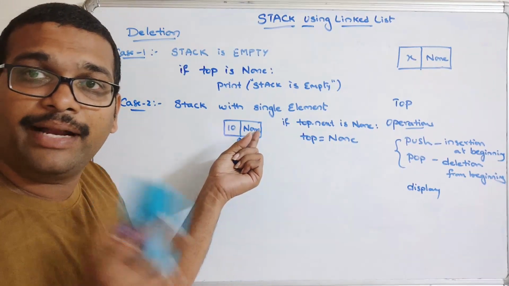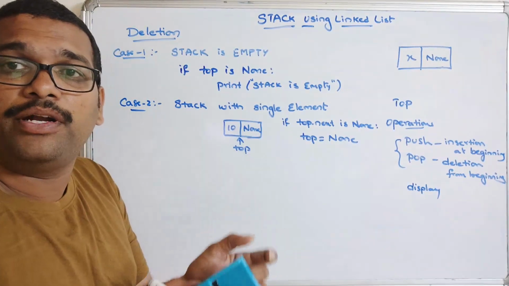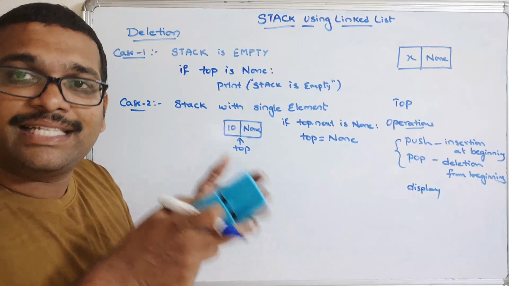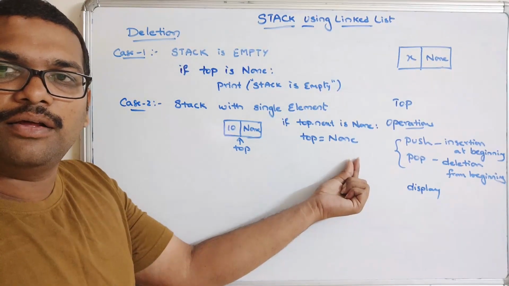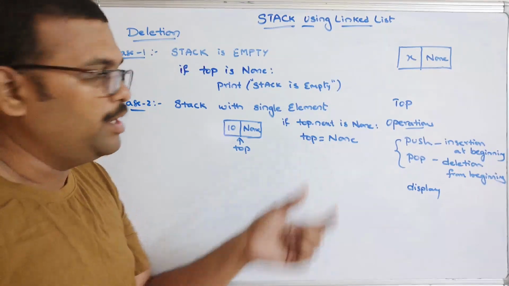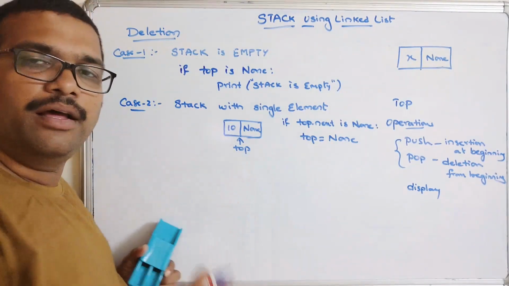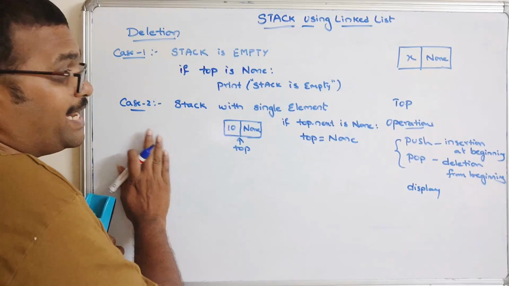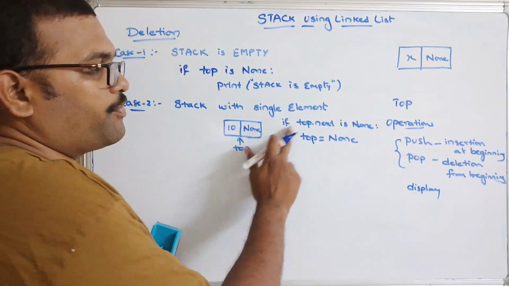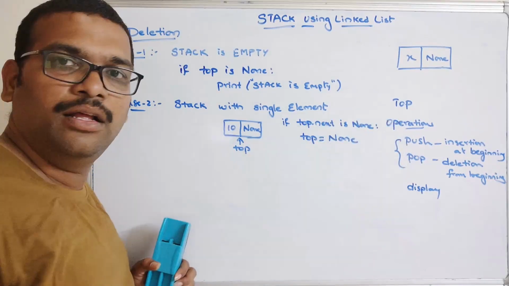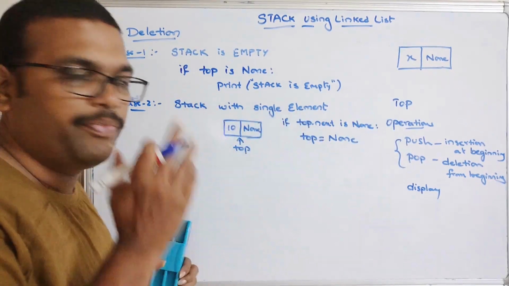So if top.next is none, that implies top is pointing towards only one node. So in such a case, simply we can assign none to top. So obviously it will be removed. So this is the second case, a stack with only a single element, right?